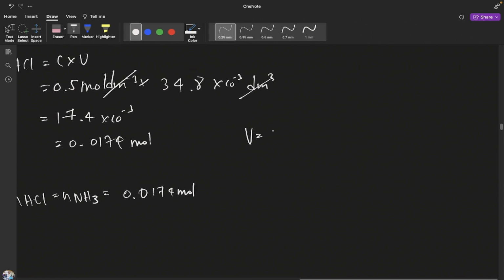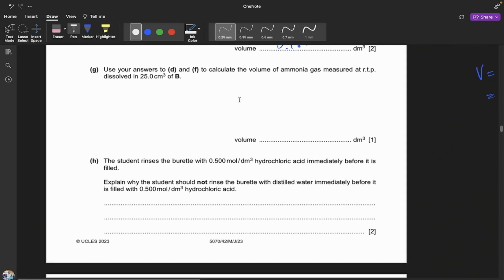To find the volume, we have to multiply the moles with the molar volume, you get 0.417... 176 decimeter cube.